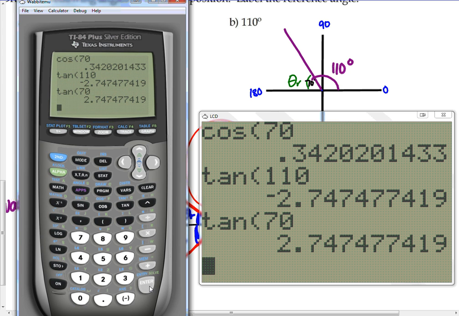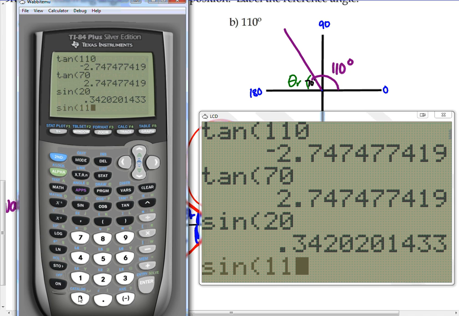So the reference angle is really important because, ignoring the sign, the ratios are always the same. That's why we always use the angle between the x-axis and the terminal arm. If I use the angle that was 20 degrees, it doesn't line up. Sine 20 and sine 110 have no relationship.